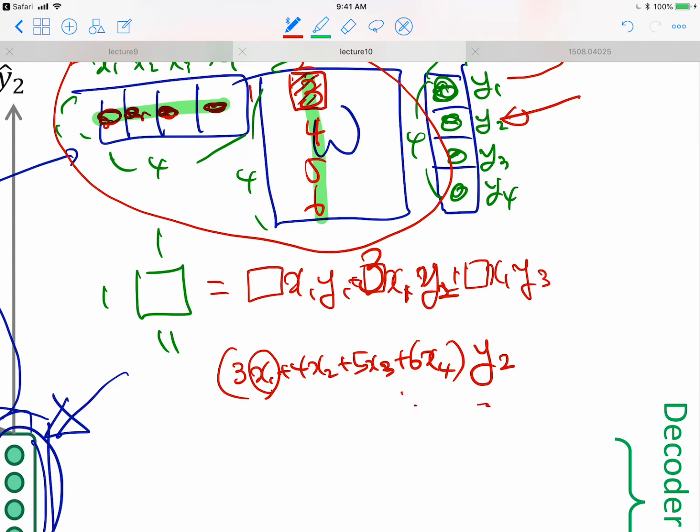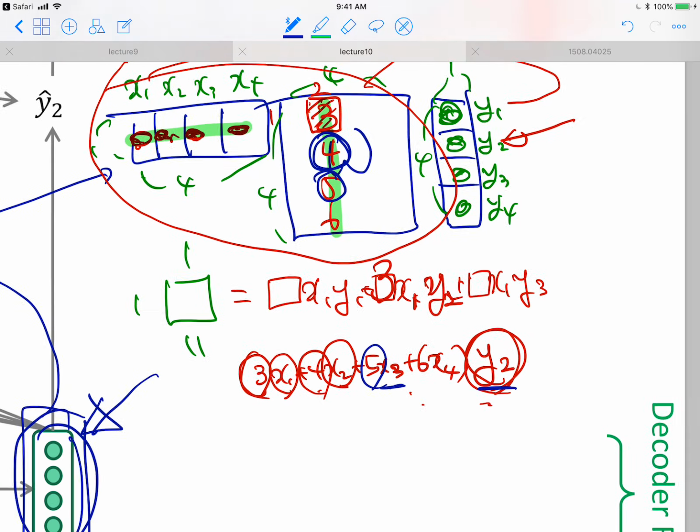Okay, so x1 times y2 will have the linear combination coefficient as 3, and then x2 and y2 will have the linear combination coefficient of 4, which is corresponding to here, right? And then 5 is the linear combination weight for the cross product of x3 and y2 over here, okay?